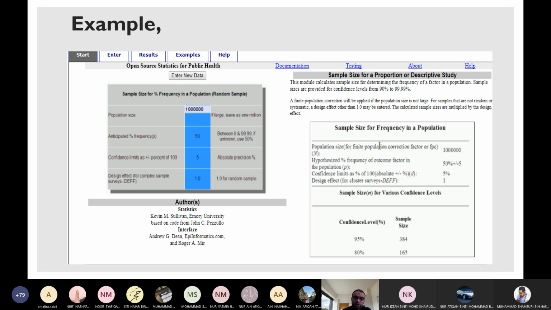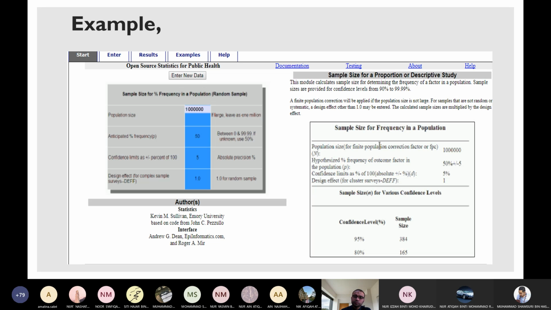Come to the other one to show you how the study design can impact the sample size calculation. This is the OpenEpi one, the second online calculator, the free one. You can access it through the link I have provided.